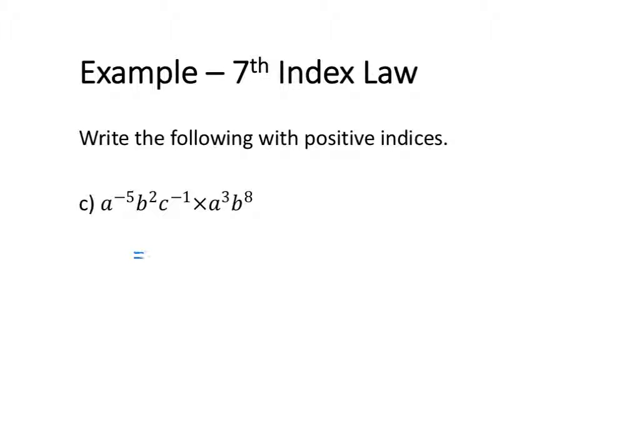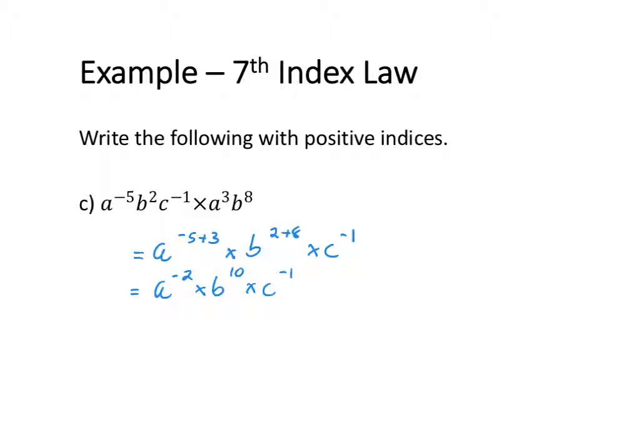So that is going to equal a to the power of negative 5 plus 3 times b to the power of 2 plus 8 times c to the power of negative 1. And that is going to equal a to the power of negative 2 times b to the power of 10 times c to the power of negative 1.